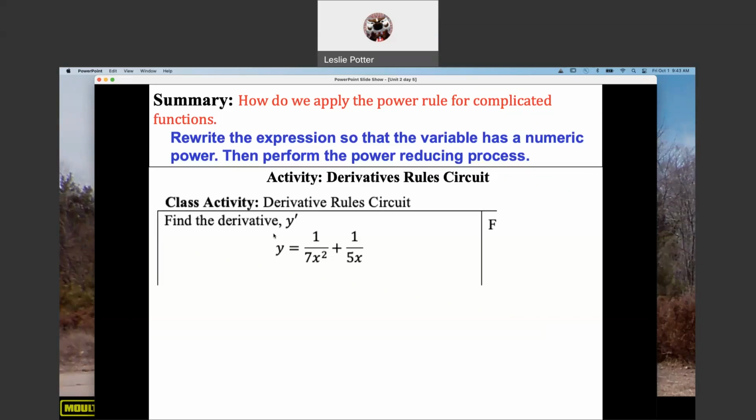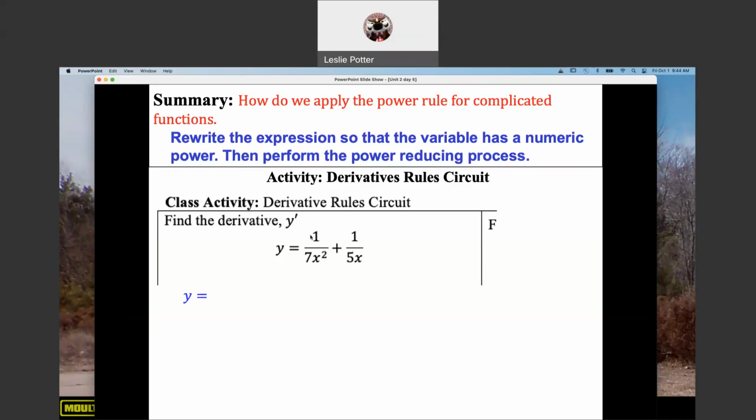They're self-correcting. Okay, so for instance, the first question in the circuit says find the derivative y prime of this function. Okay, so we see that we don't have an x to the n form of the function, so we have to do a rewrite. So do my rewrite here.